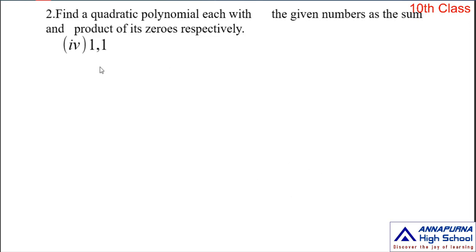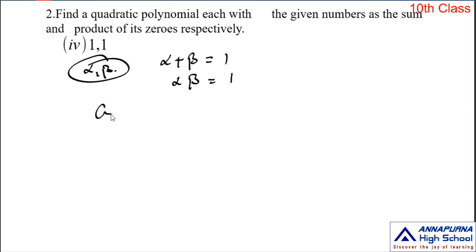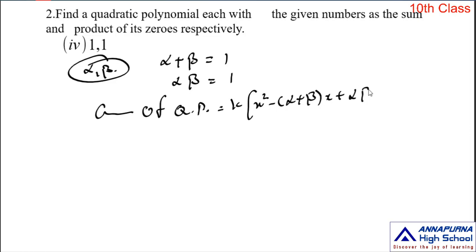Next pair is 1 comma 1. Same, if alpha beta are the zeros of the required quadratic polynomial, then alpha plus beta is equal to 1 and alpha beta is equal to 1. So general form of quadratic polynomial is equal to k into x square minus alpha plus beta into x plus alpha beta.